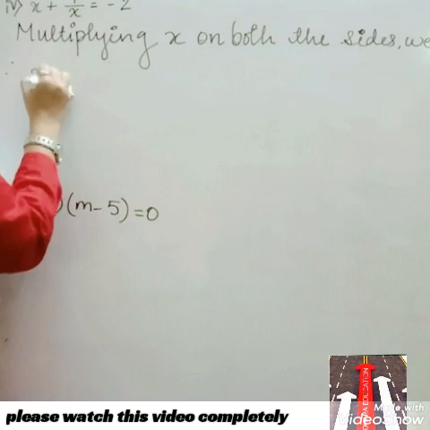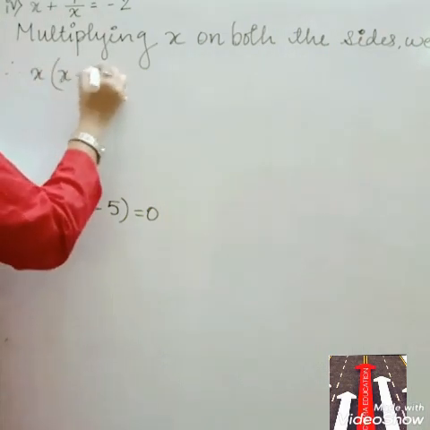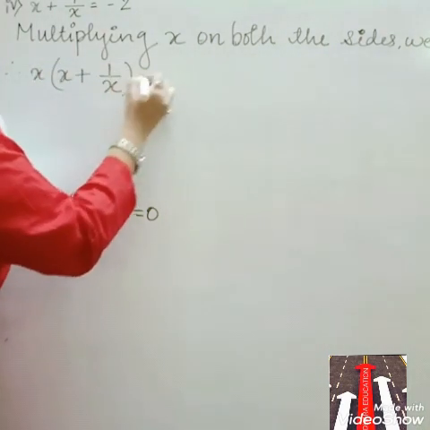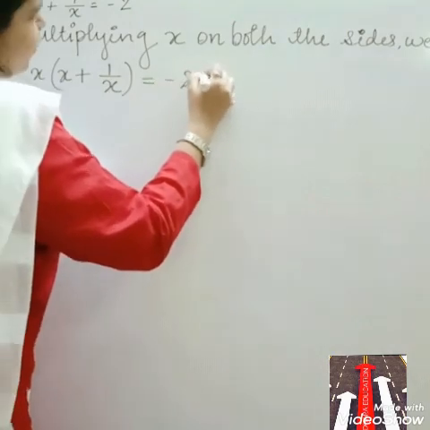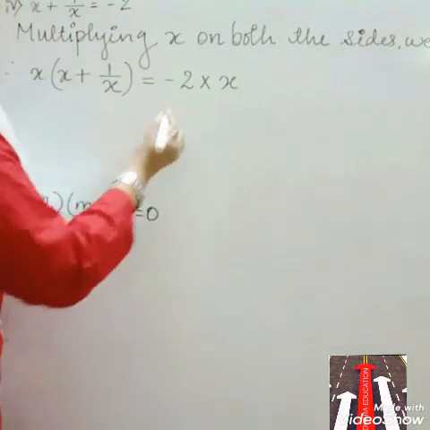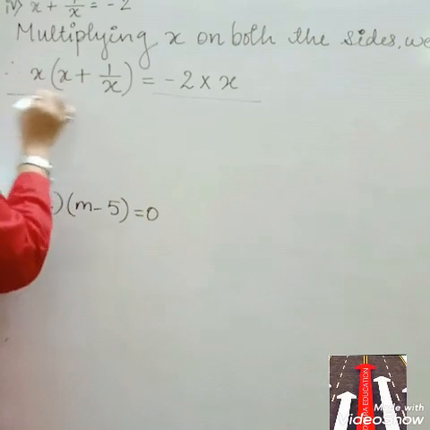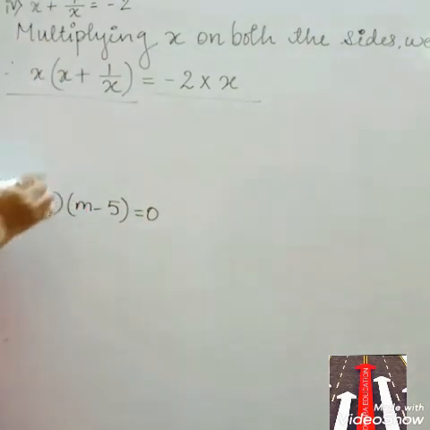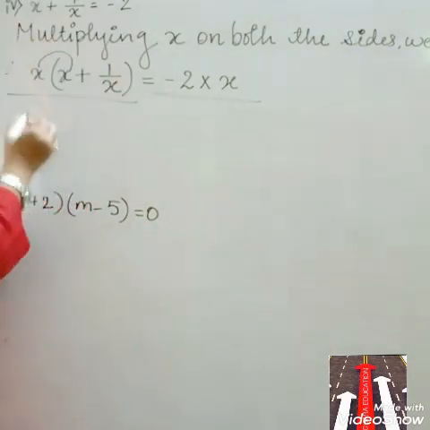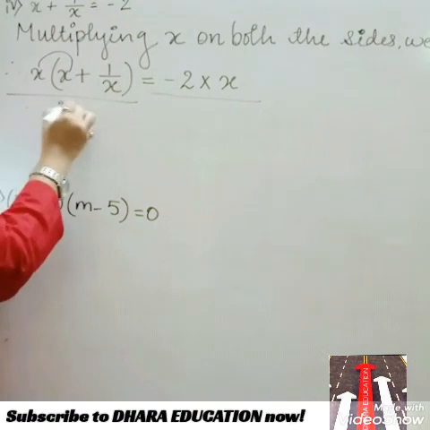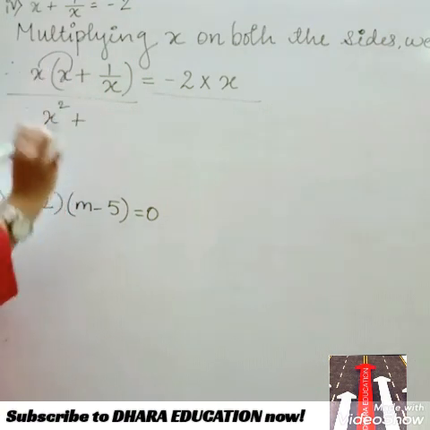Therefore x plus 1 upon x is equal to minus 2 multiplied by x. So this is called the right hand side, and this is called the left hand side. Okay. So x multiplied by x, we will get x square plus will come as it is.